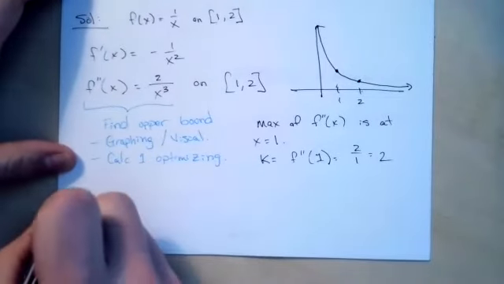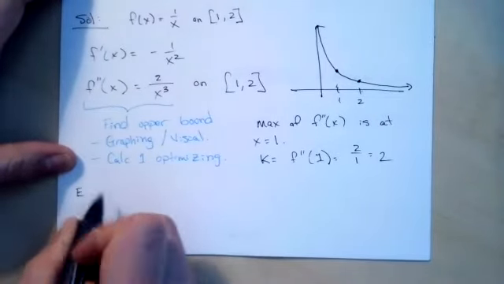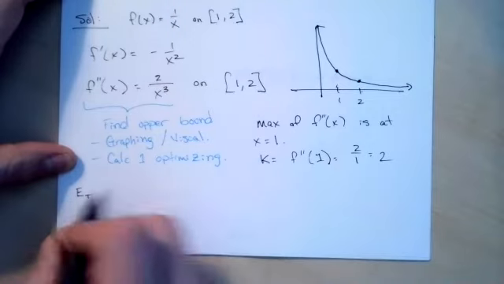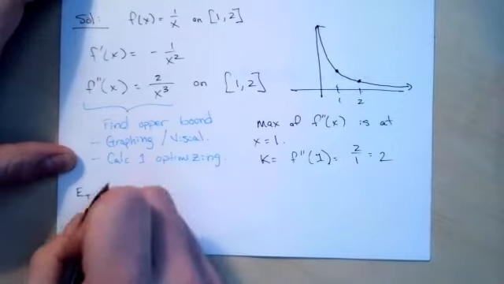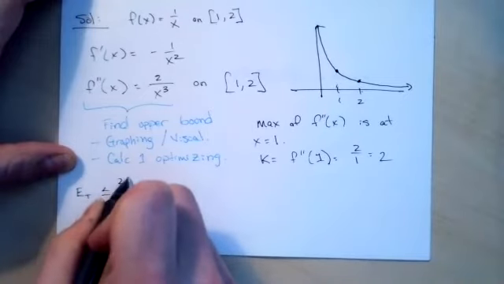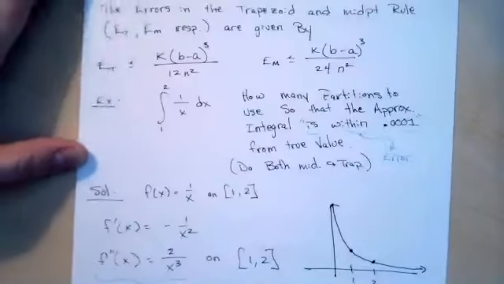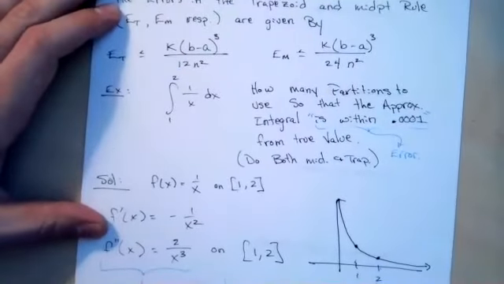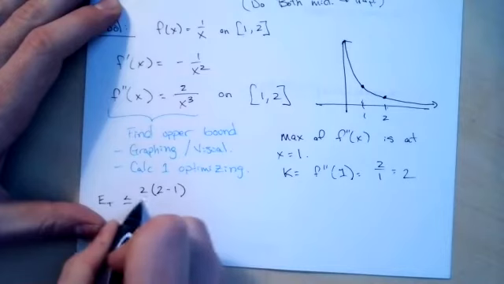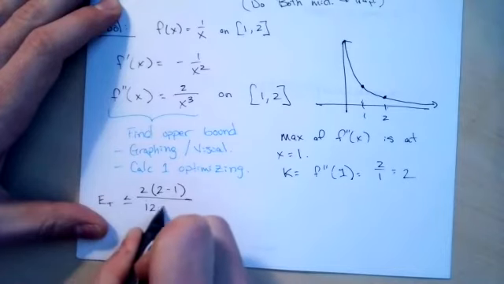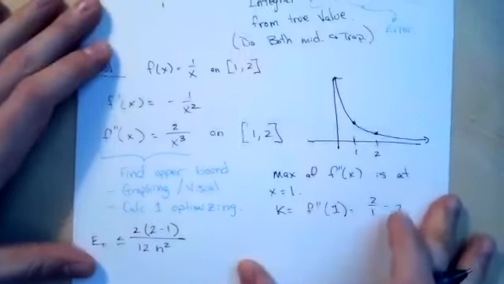Let's start with our trapezoid rule. The way you set this up, we know that the error is always less than k, which is 2, times b minus a. So we will have 2 minus 1 all over 12 n squared.